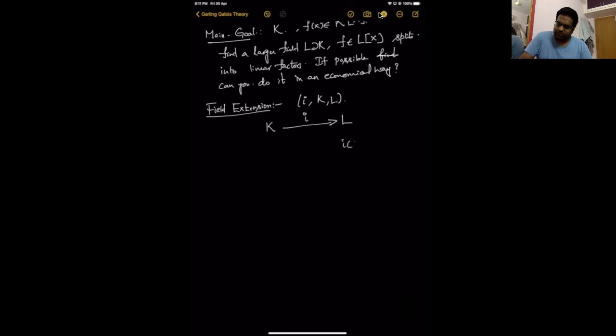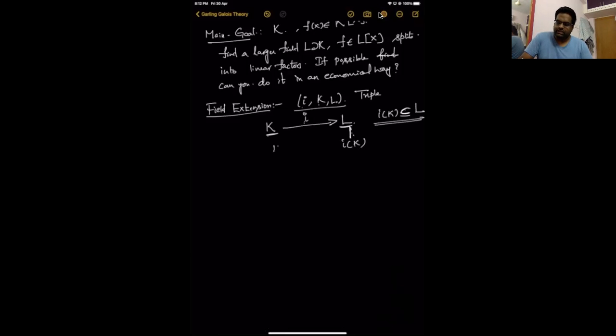So the inclusion map i of K is usually denoted by this tower. So a field extension is a triple (i, K, L) where K is the domain for i and L is the range for i, and K sits inside L.